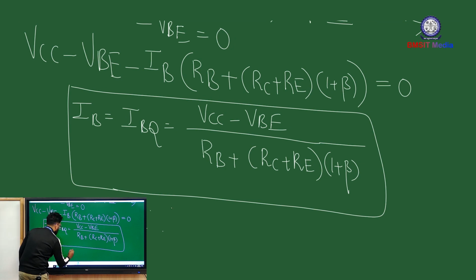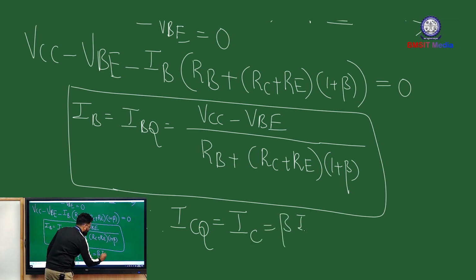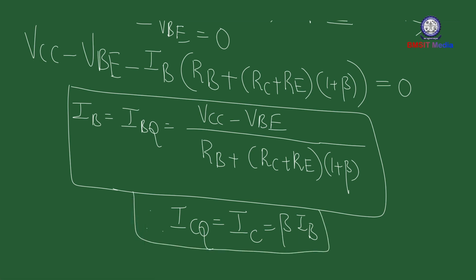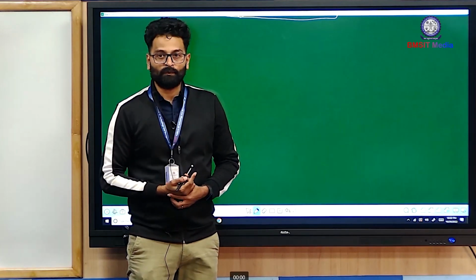Therefore ICQ, or simply IC, is equal to beta times IB. So you'll be able to find ICQ. Okay, so now let us visit the output circuit to find the voltage VCQ.